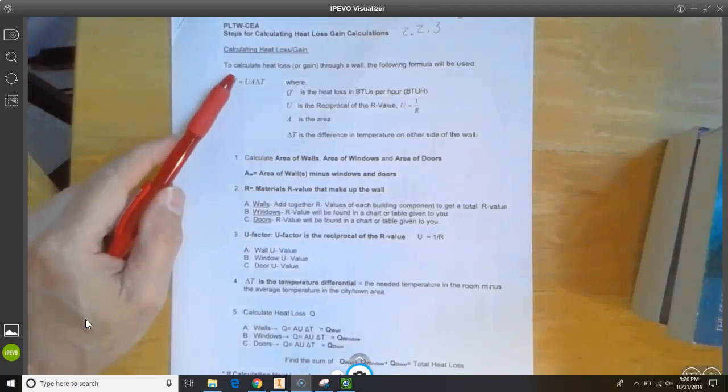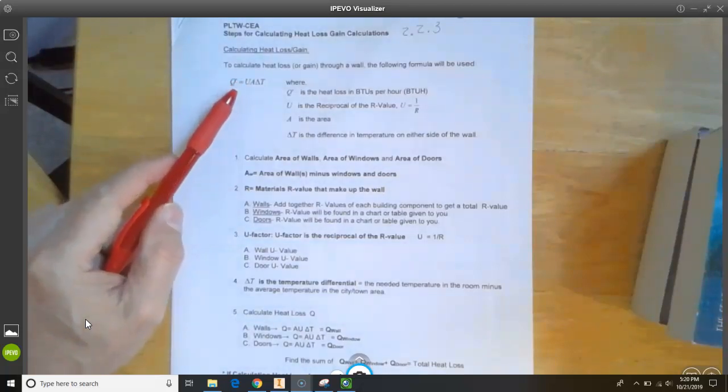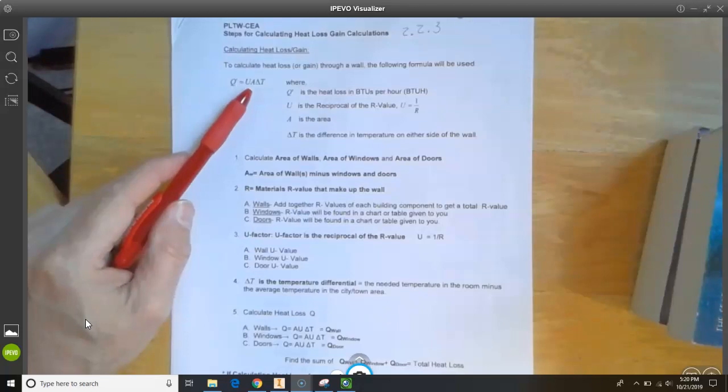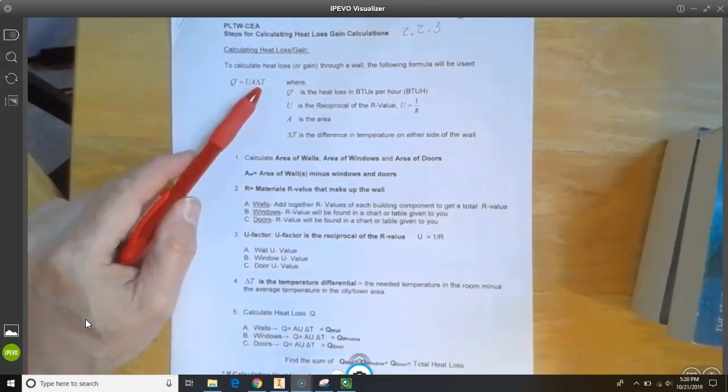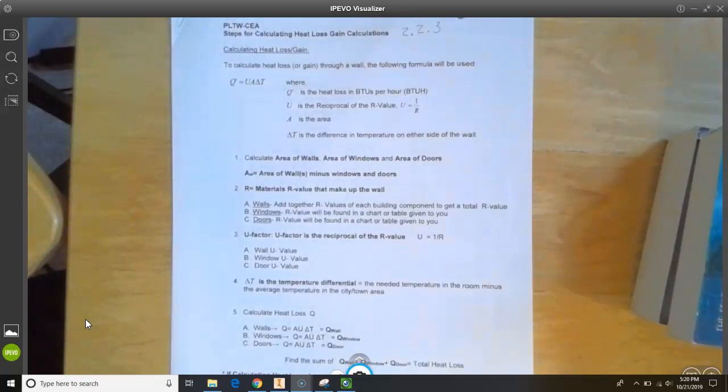First of all, we have to use a formula, and that is Q prime equals U times A delta T. Q is heat loss in BTUs per hour. U is a reciprocal value of the R value. A is the area, and delta T is the difference in temperature on either side of the wall.